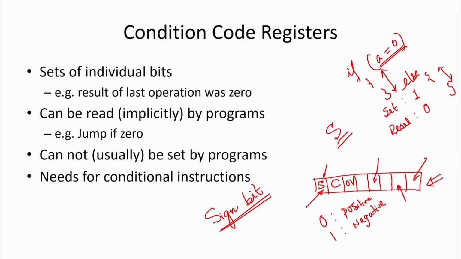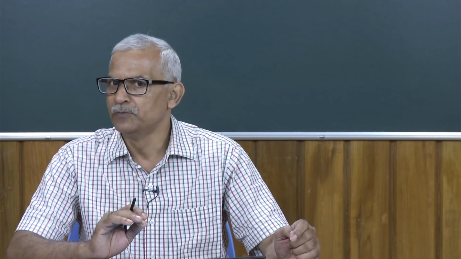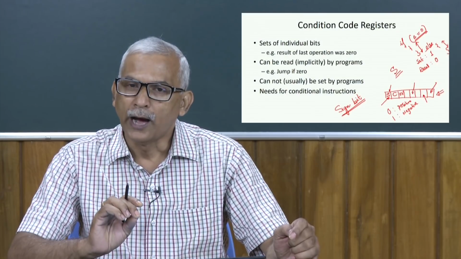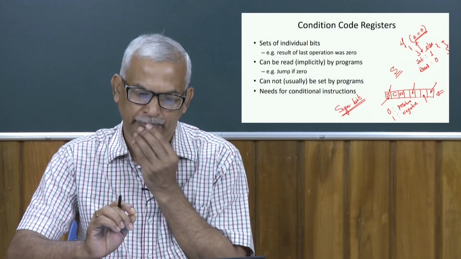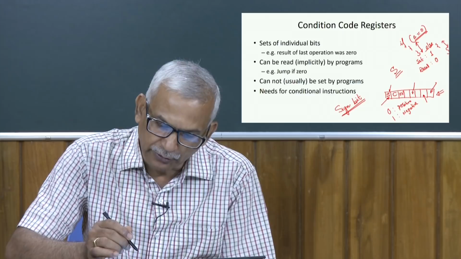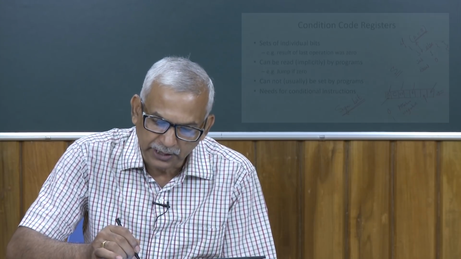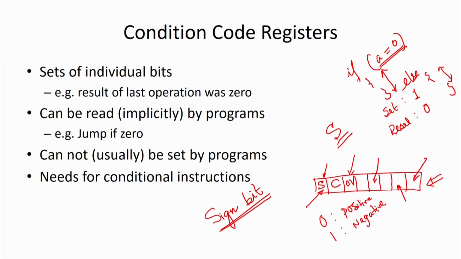So, depending on the ALU result, sometimes it goes beyond that range, and in that case we say it is an overflow. How are we going to identify the overflow? We keep this information in one of the condition flags, and to take the decision, we see what is stored in that particular position.